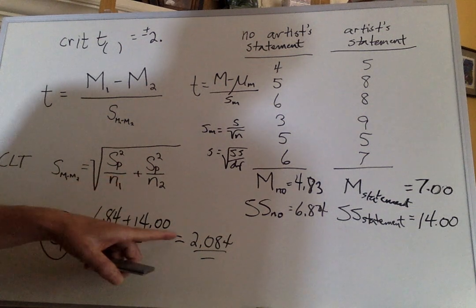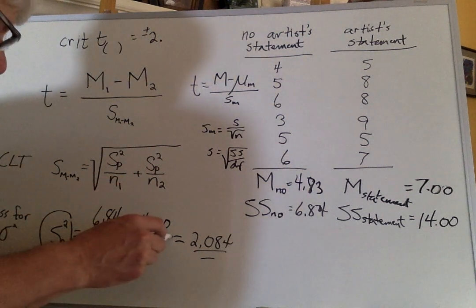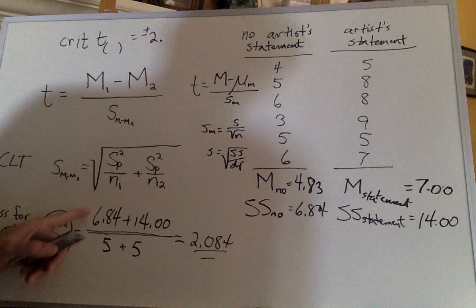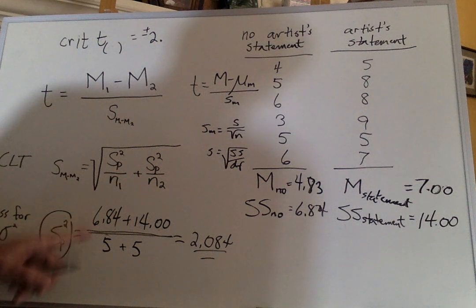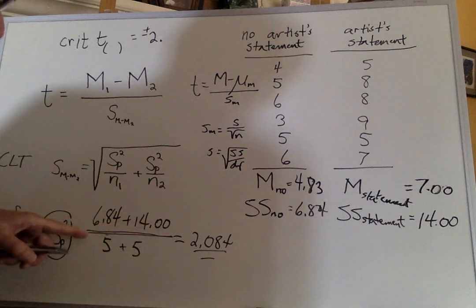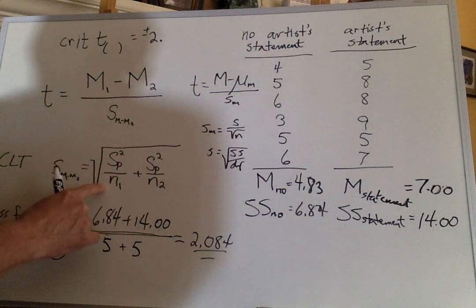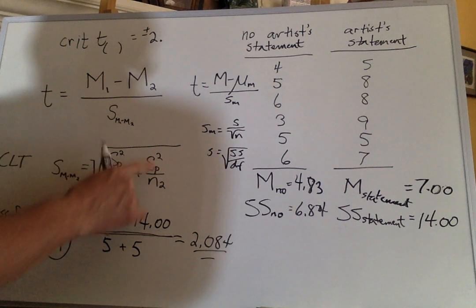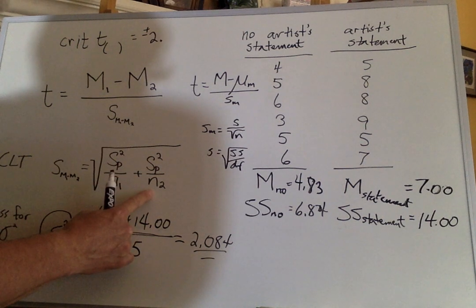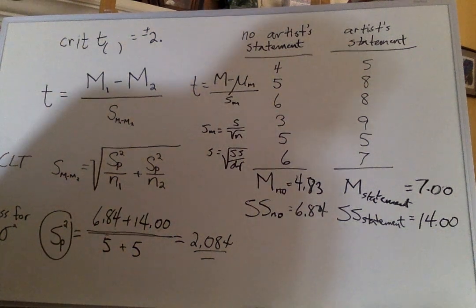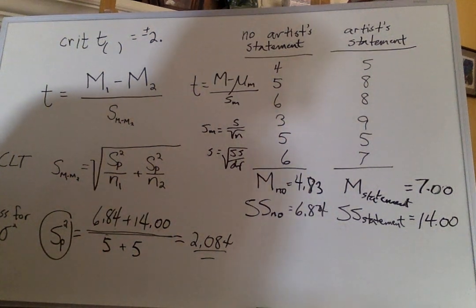Notice, by the way, here we have a line all the way across, so that means do this first, do this, and then divide it. Here it's separated, so we need to get this value divided by the sample size for 1, the same value divided by the sample size for number 2. You don't have to memorize these formulas, but you have to know how to use them, right?